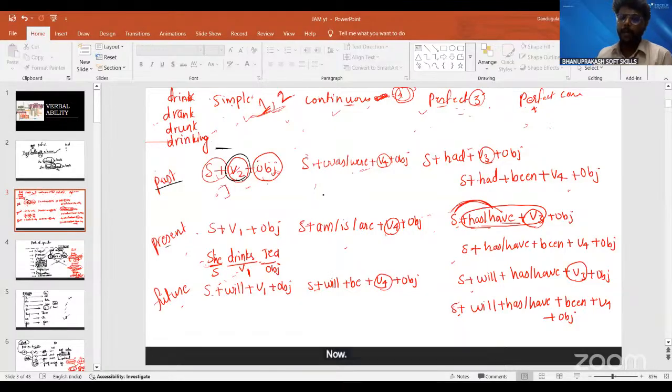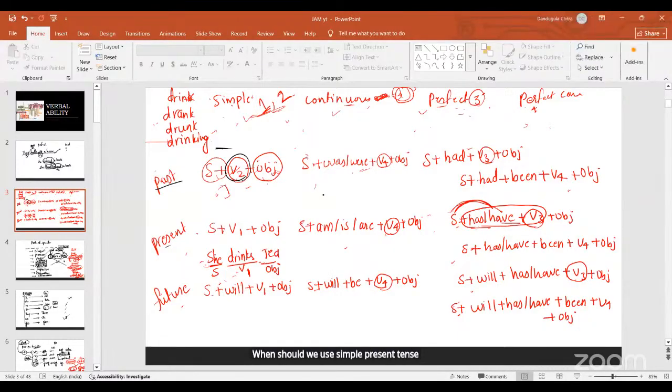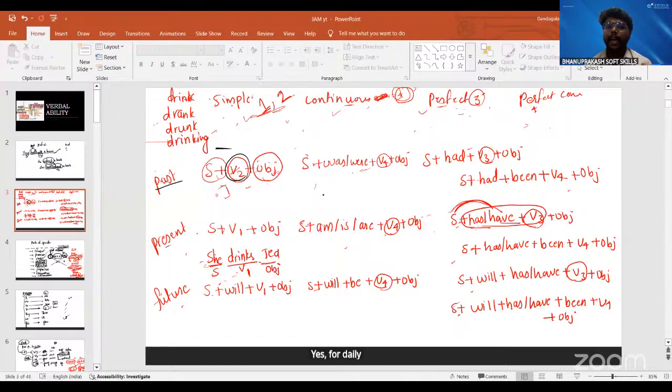Now simple present means, when should we use simple present tense? Daily actions. Yes, for daily actions, any action which occurs frequently or occasionally. So for such actions we use simple present, or even universal truths.